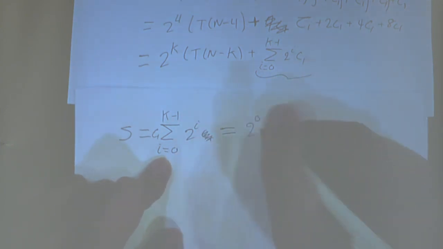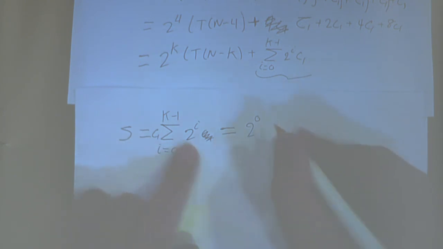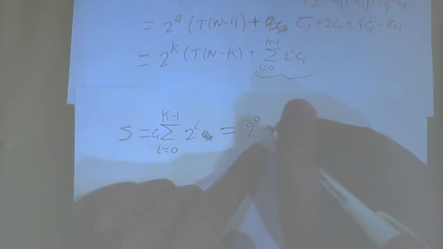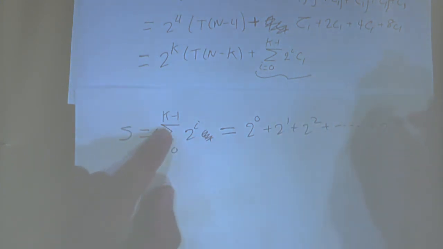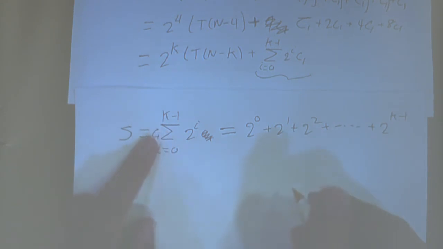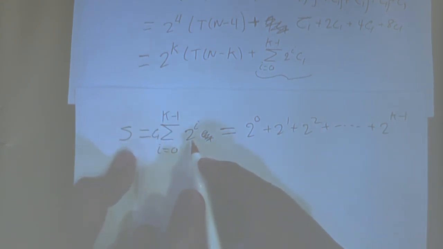So it's gonna look like 2 to the 0 plus 2 to the 1 and 2 to the 2 all the way to 2 to the k minus 1. With geometric sums, we want to multiply S by the coefficient of whatever i is the exponent of.